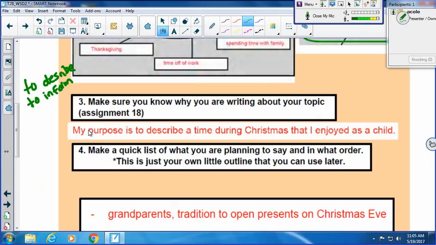The 2 other purposes that your textbook mentions are to persuade, and another word for persuade would be convince. So to persuade or convince, and it doesn't matter whether you use the word persuade or convince, it means the same thing. And then the 4th purpose that your textbook mentions is to entertain.